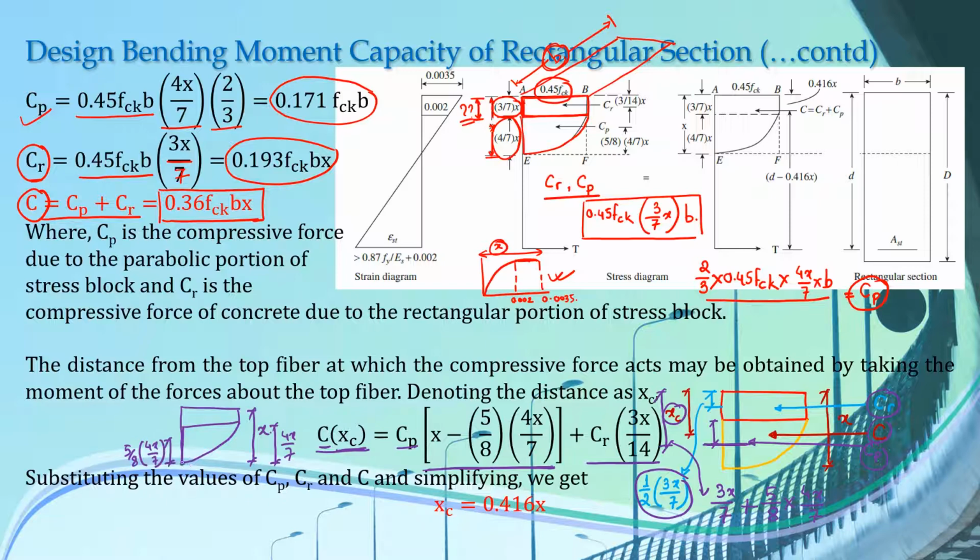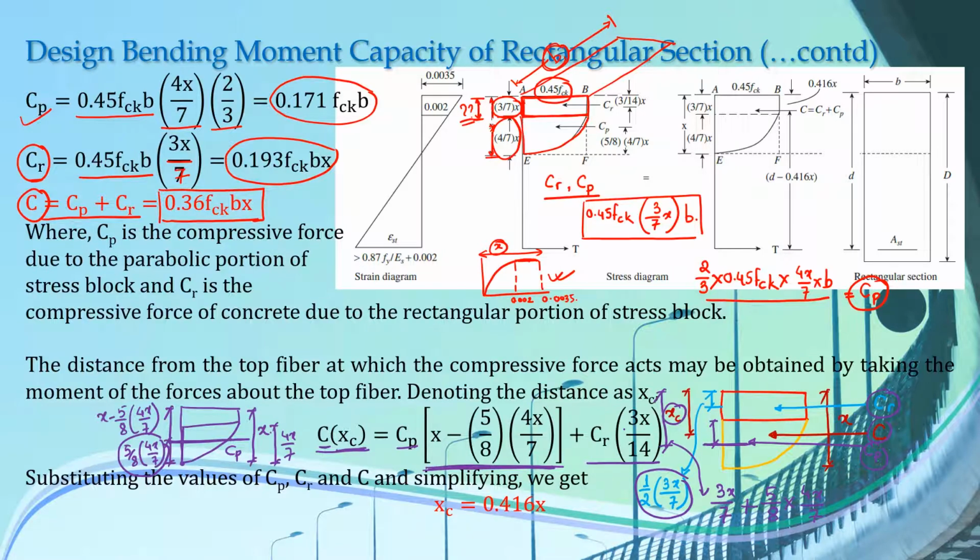So this is from this point here. So if you want to calculate the distance of this line of action of CP from the top fiber, then what you have to do is subtract this value from the total depth, that is x minus 5 by 8 into 4x by 7. This is how you get this whole term here.